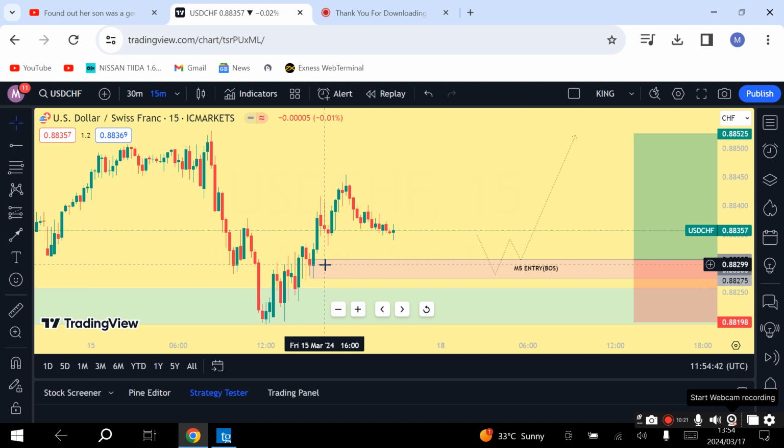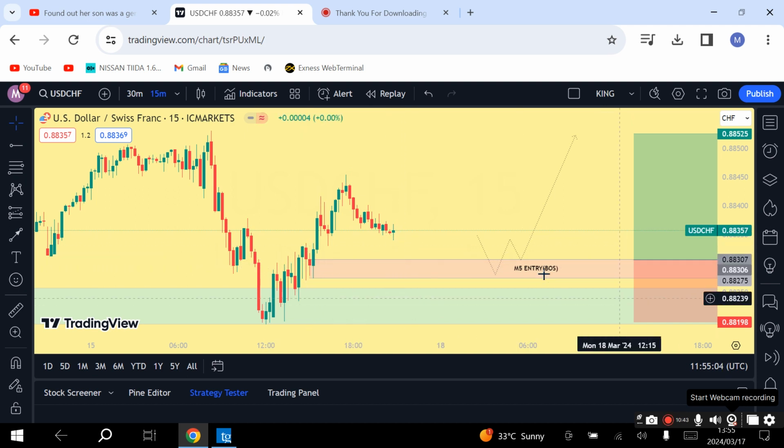Right now this demand zone, I think it happened on Friday. If it had happened on, let's say, Monday, I would have had my buy limit. But now it has happened on Friday and we are moving towards Monday. I do not want to have my buy limit, so rather I will wait for a confirmation entry on the M5 and I will enter, right?